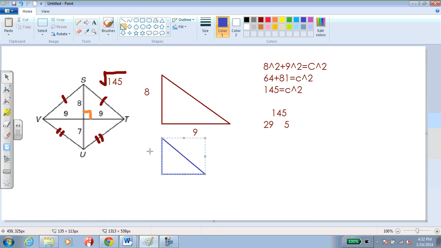Now, let's look at the bottom triangles. It appears that one side of the triangle is 9, and the other side is 7.